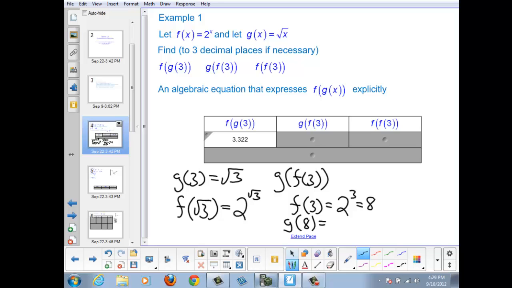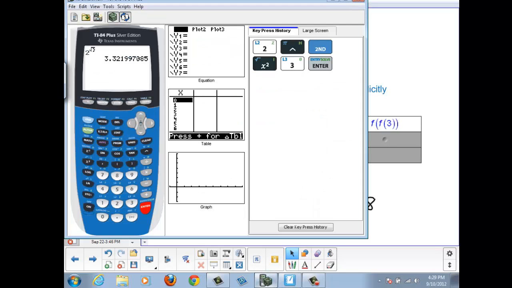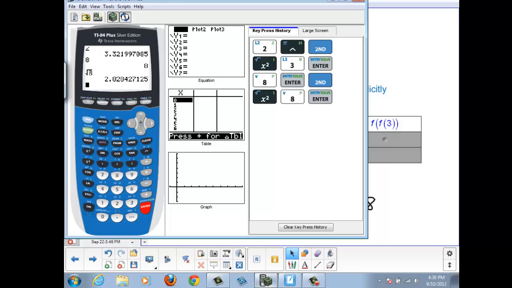So the square root of 8. The two-step process: plug into the inside function, and take your answer and plug it into the outside function. So you're looking at the square root of 8. We have 2.828.